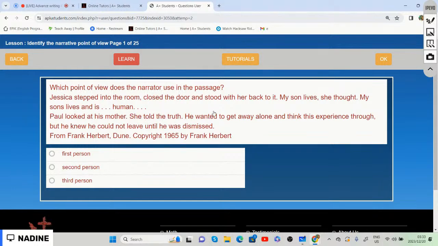So is this in the first person, in the second person, or in the third person? They're naming characters.